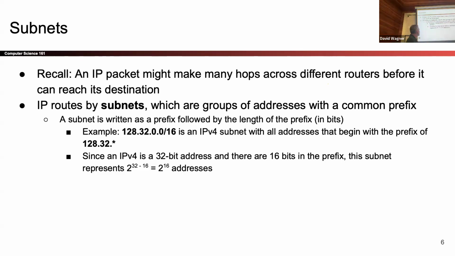In the format of an IP address, the first n bits identify the subnet, and then the remaining 32 minus n bits identify the machine within that subnet. Okay? So you can think of the internet as a collection of lots of local networks, and you could think of each subnet as a local network.